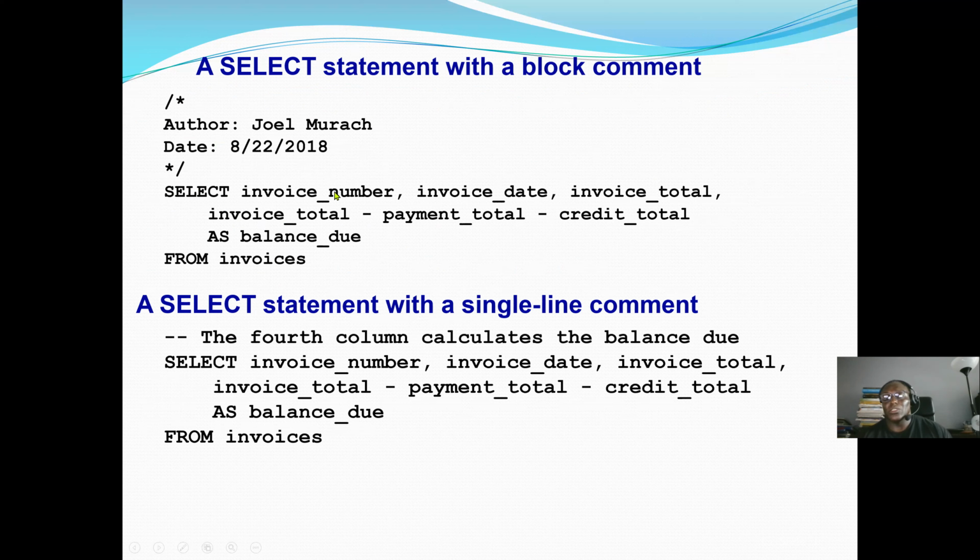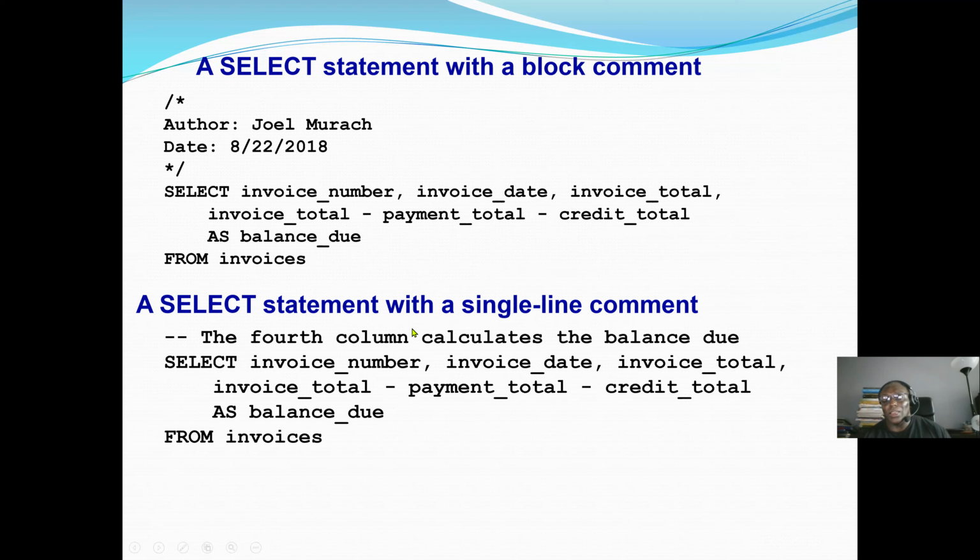So when we run this SQL script, the comment area will be ignored by the program. So here we have select invoice number, invoice date, invoice total minus balance total minus credit total as balance due from invoices table. That's it. Also, we may have a select statement with a single line comment.